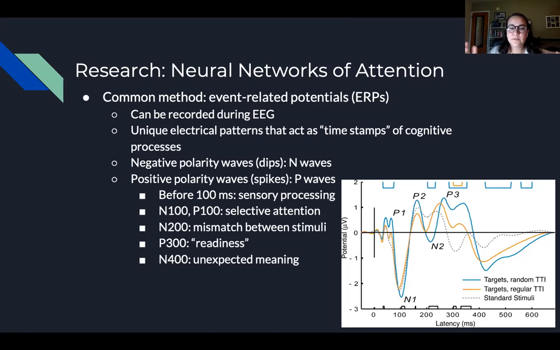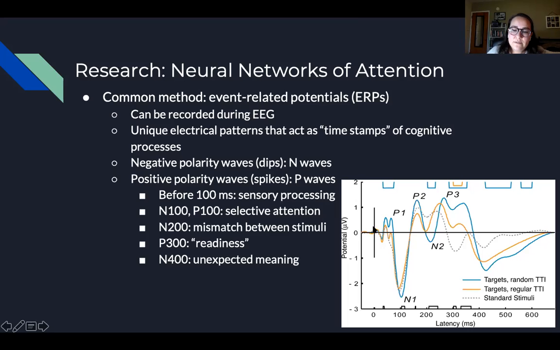There are some specific parts of these ERPs that have been linked to certain cognitive processes or responses in attention. There are different waves, and they're named according to whether they resulted in what's called negative polarity, this dip below the zero here. These are called N waves for negative, clever.